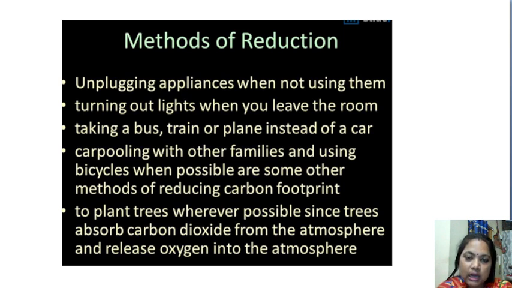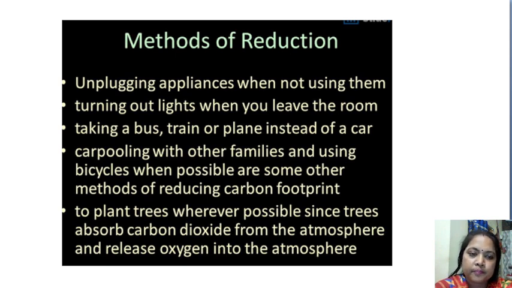Then turning off lights when you leave the room and taking a bus, train or plane instead of a car, and carpooling with other families and using bicycles when possible are some other methods of reducing carbon footprint. Okay, then plant trees wherever possible, since trees absorb carbon dioxide from the atmosphere and release oxygen into the atmosphere.